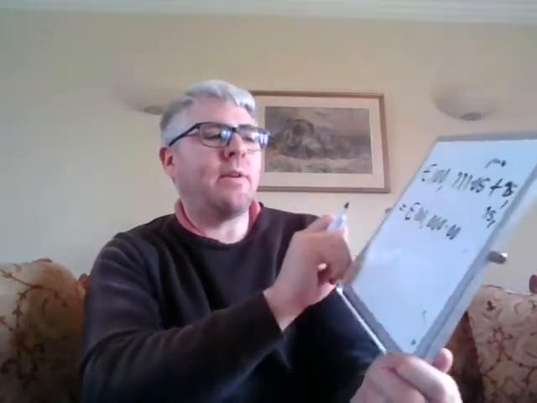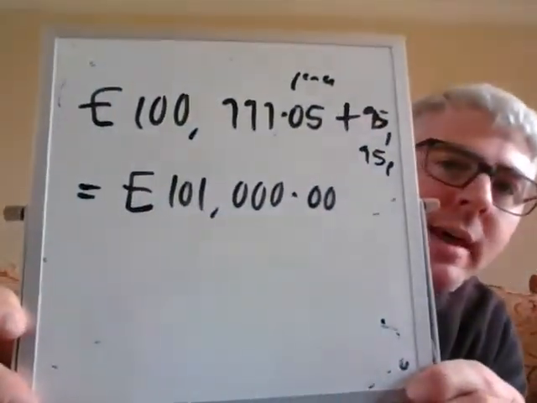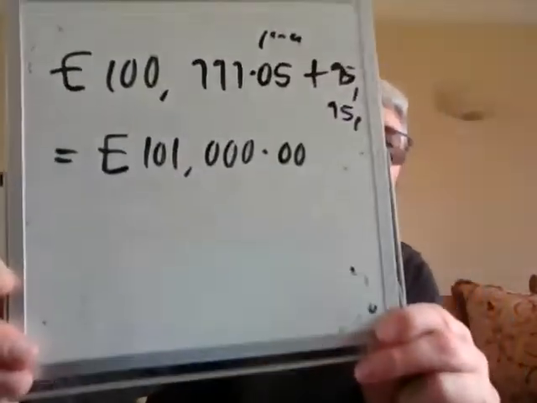And it's 100,999 and 5p. So the penny column is there, plus 95p. And then your new answer is that. The answer, I mean, well, I've got the equals there. So just doing money at the moment.